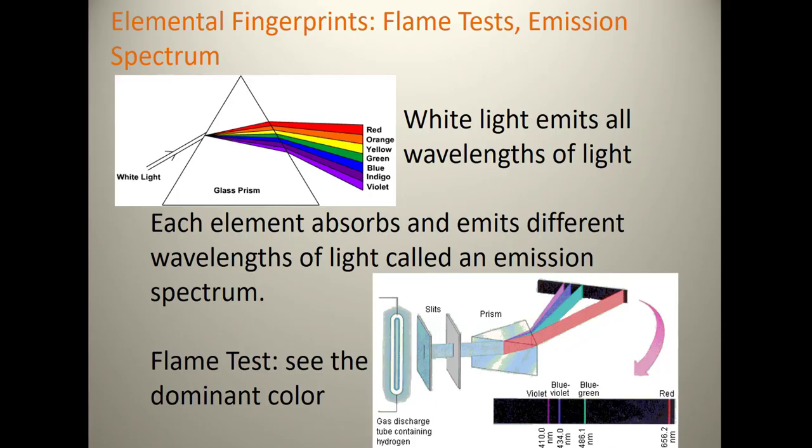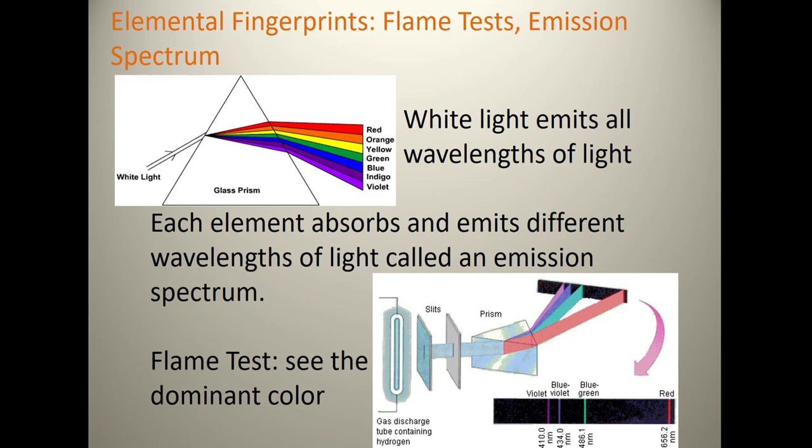When you look at a flame test, you see the dominant color of those photons that are emitted when an electron falls back to its ground state. When we look at white light, we see that it contains all the colors of the rainbow: red, orange, yellow, green, blue, indigo, violet.